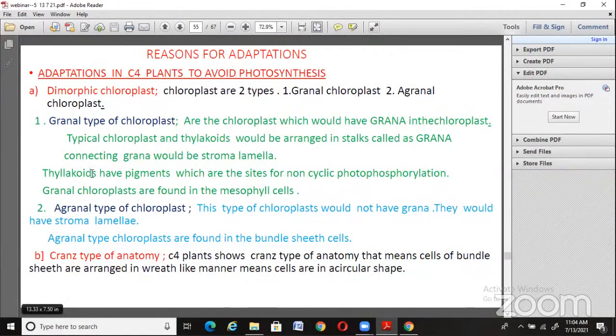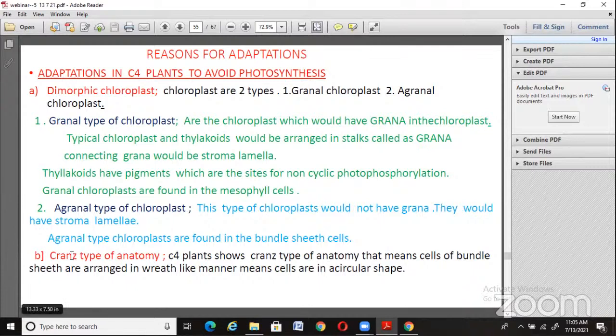Right. So in adaptation, the main important points are dimorphic chloroplasts. In dimorphic chloroplasts, granal type chloroplasts are found in mesophyll cells, and they resemble the typical structure of a chloroplast. The second one is the agranal type of chloroplast, found in bundle sheath cells, and these agranal chloroplasts lack grana stacks.